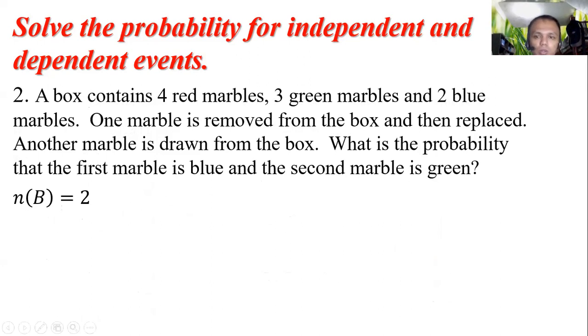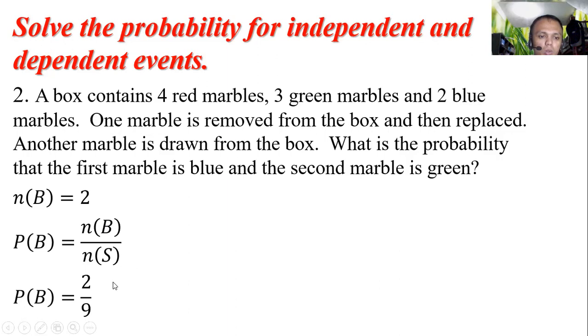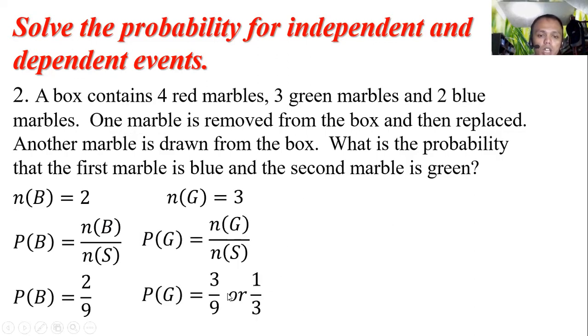We have 2 yung number of events natin. And then the probability here of blue ball, blue marble, no, is equal to 2 over by the sample space natin is 9. So 4 plus 3 plus 2 is 9. Next, number of event for green marble. Sa green marble, we have 3. So the probability here is equal to 3 over by 9, or 1/3.